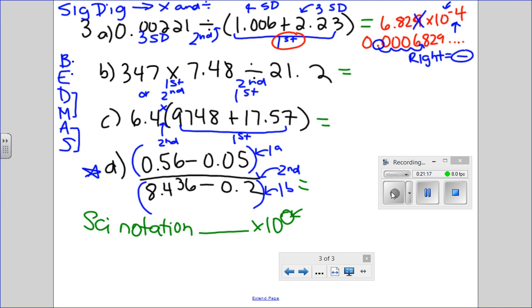I need to get rid of that 9. Since 9 is 5 or higher, that means I round the next number up. So my answer would be 6.83 times 10 to the power of negative 4, or 0.000683.